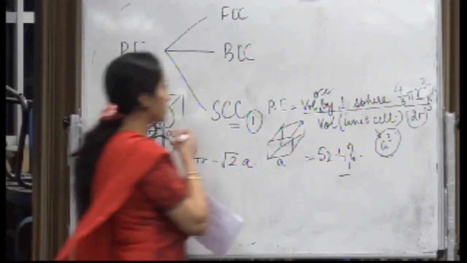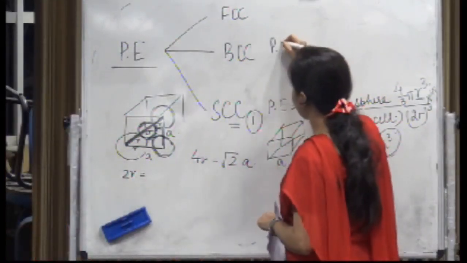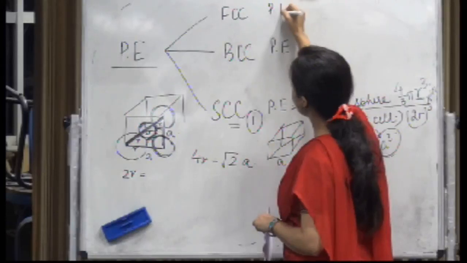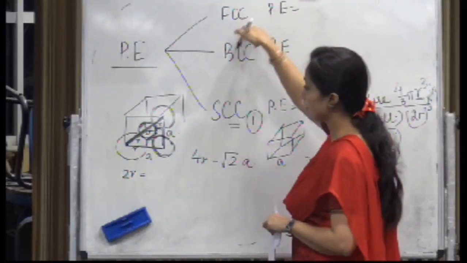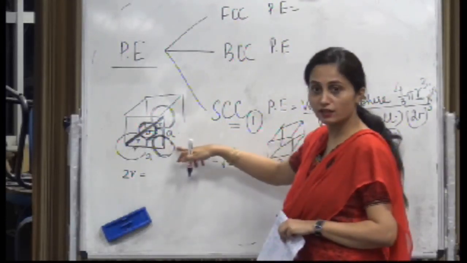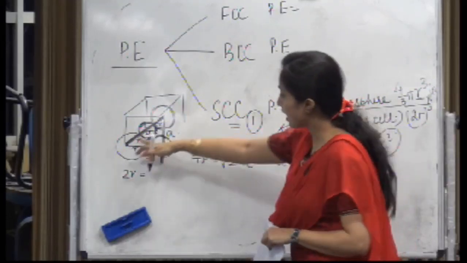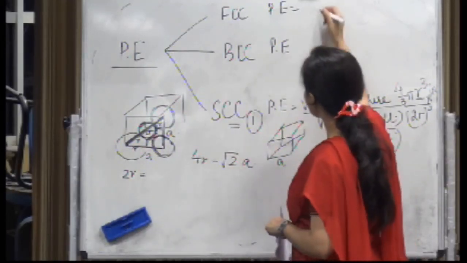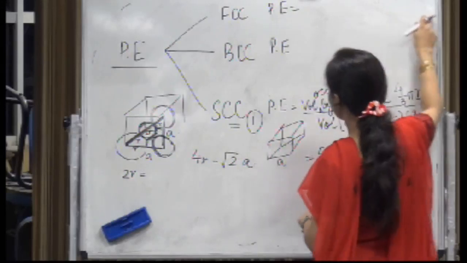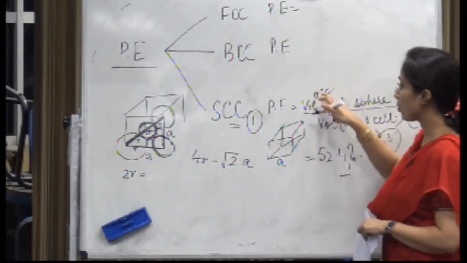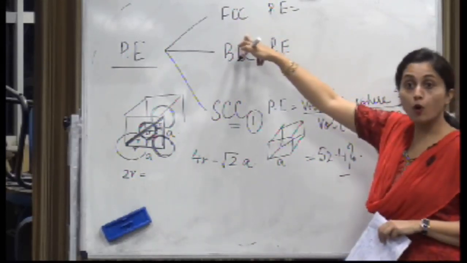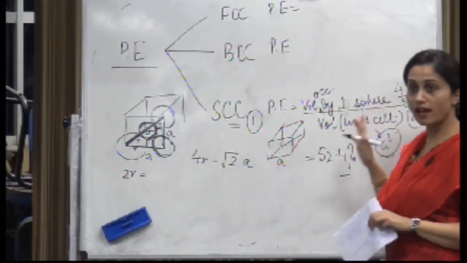And then I need to substitute in the formula of packing efficiency for the face centered cubic unit cell. I will be considering the face diagonal, right? अगर मैं face diagonal consider कर रही हूँ, so first of all, what will be the numerator? Now it will be the volume occupied by 4 spheres. Why 4 spheres?